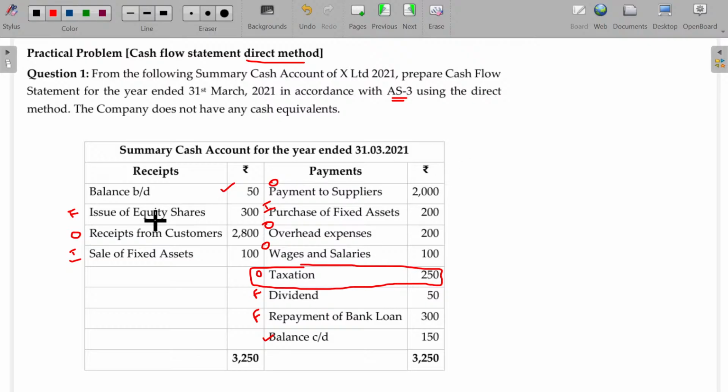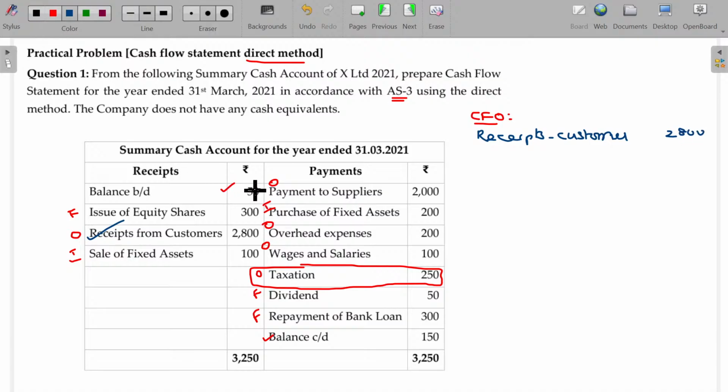We'll start with the cash from operation. Under cash from operations, we have receipts from customers, or collection from customers, this value being 2,800.